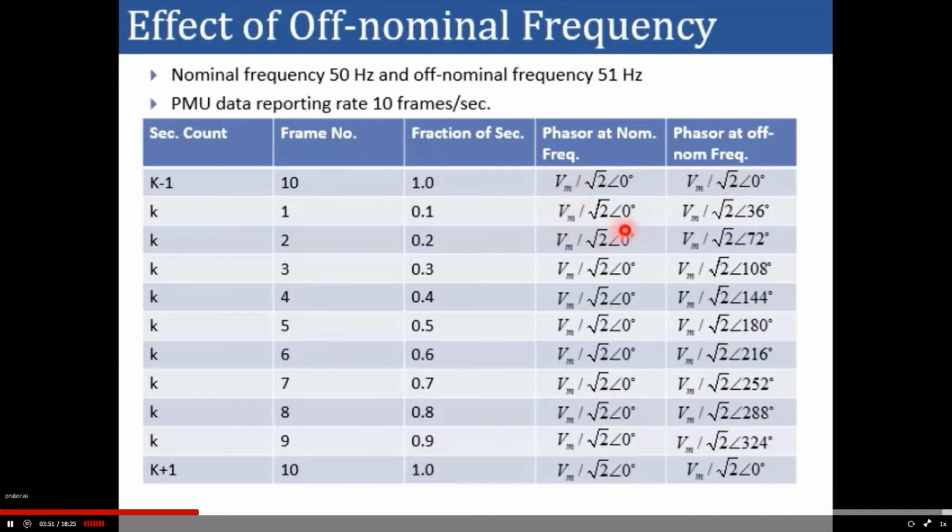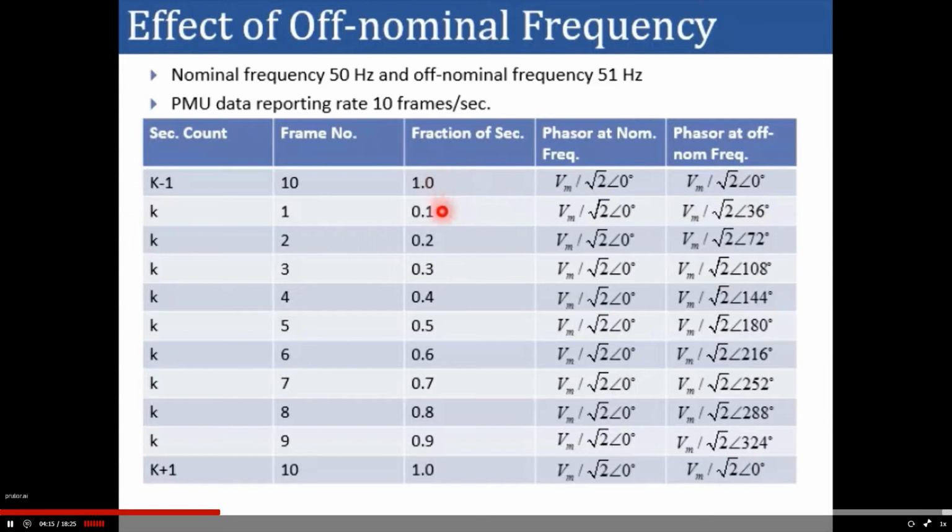Now when we take the first sample of the measurement, the nominal frequency angle will remain 0 degree because the frequency is the same. But in the case of off-nominal frequency, the angle will rotate by 36 degree. Why will it rotate by 36 degree?